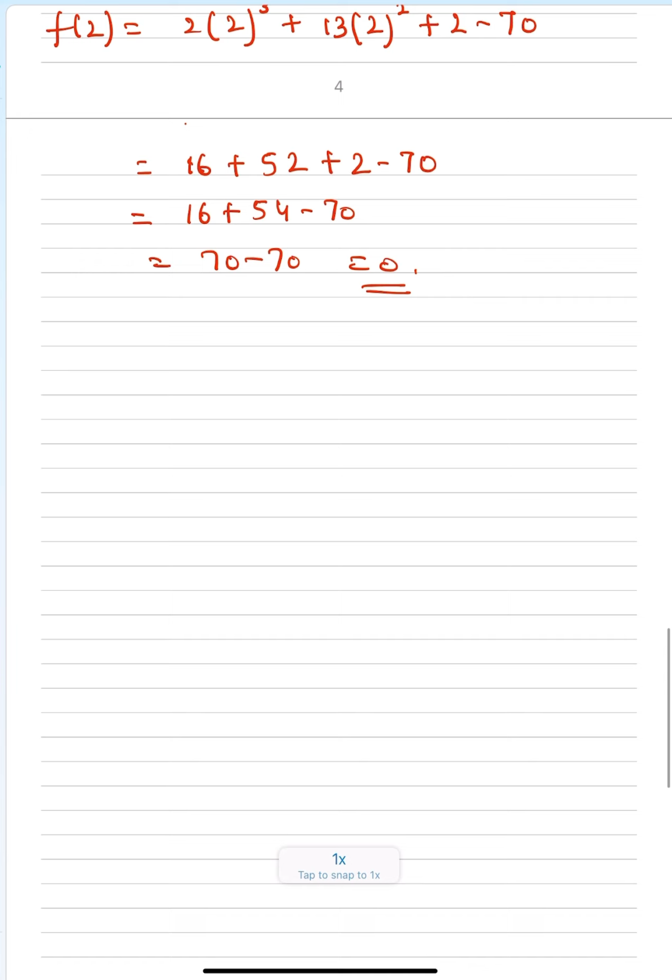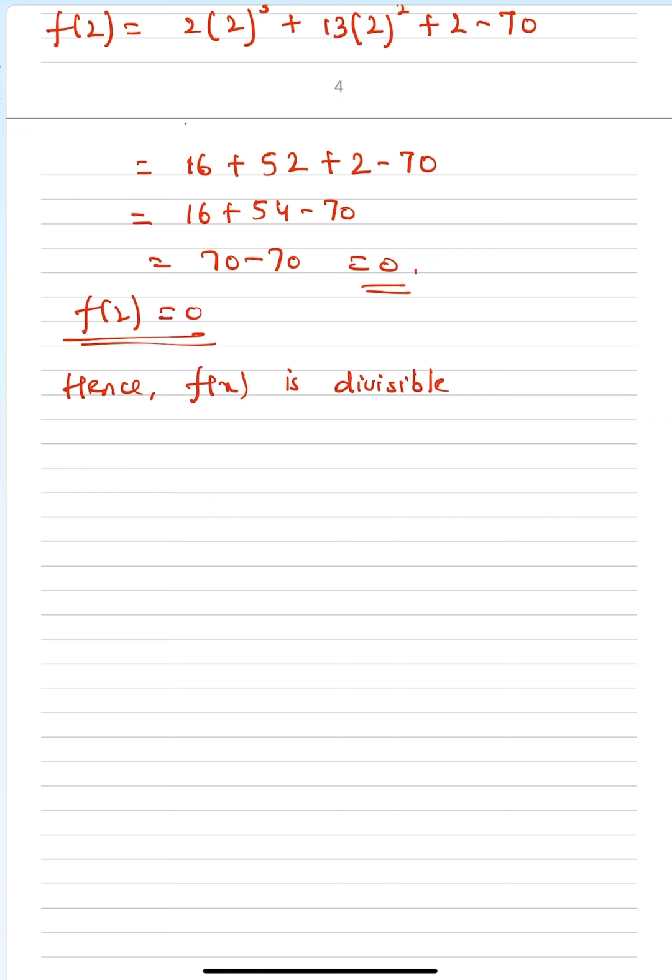Hence, because f of 2 is equal to 0, we can say f of x is divisible by x minus 2. Got it? This way you need to do the remainder theorem sums.